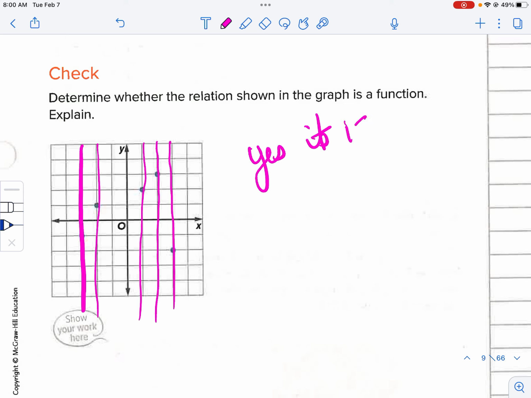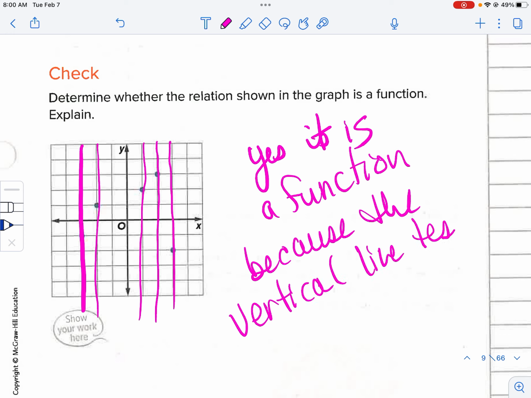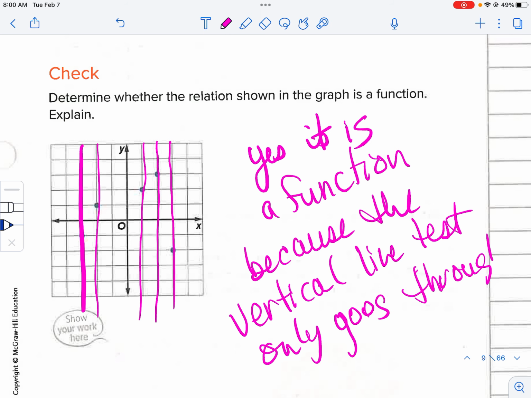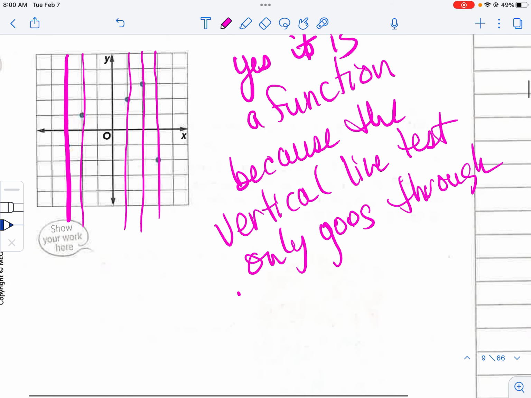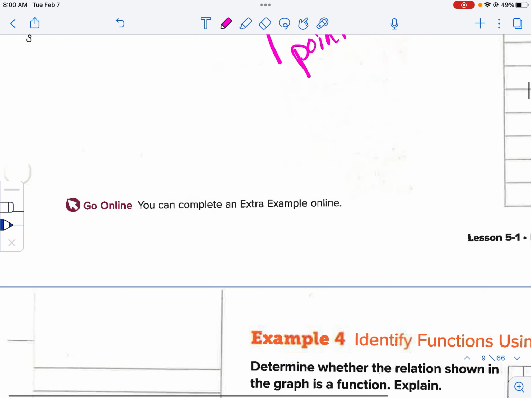It is a function because the vertical line test only goes through 1 point at a time.